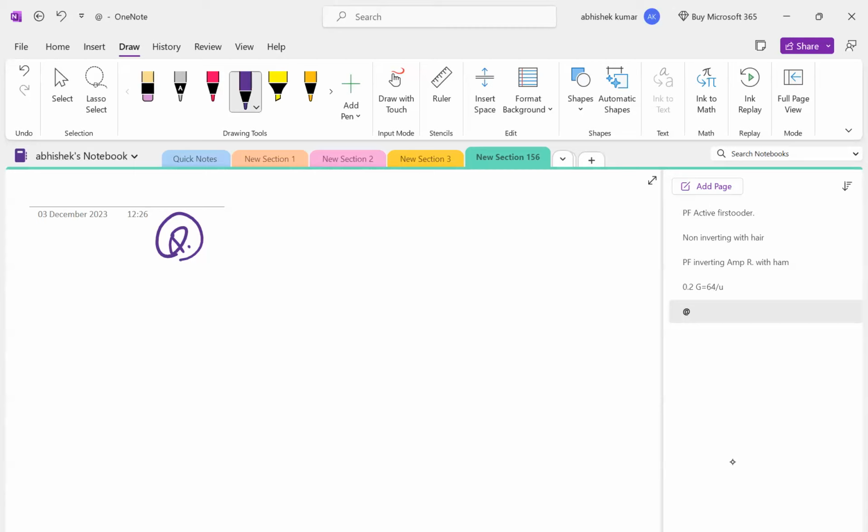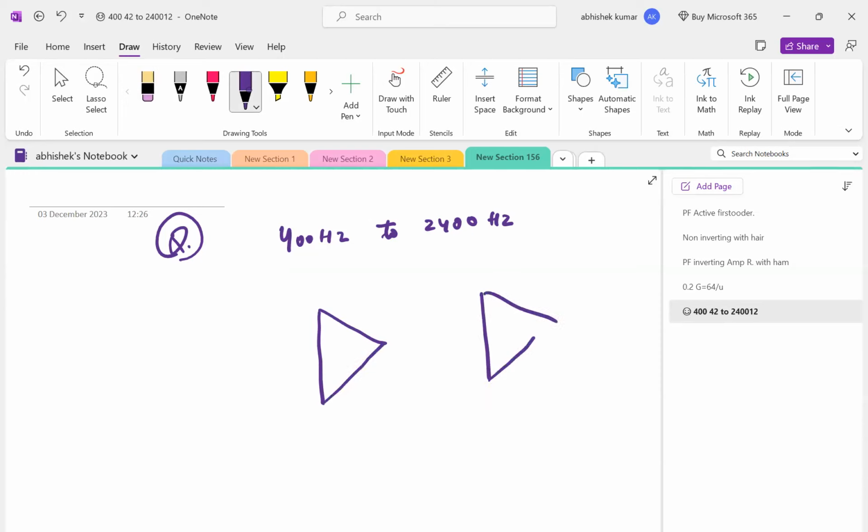Design an active band pass filter with a pass frequency range of 400 to 2400 hertz, consisting of two non-inverting stages in series: first a low pass filter, then a high pass filter.